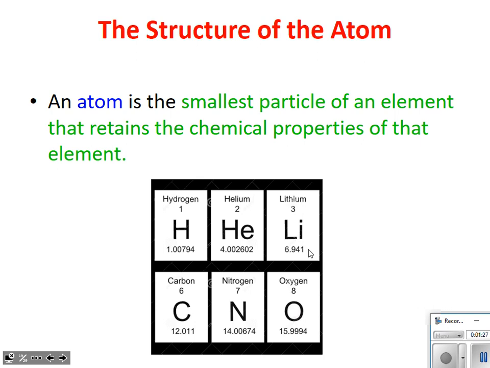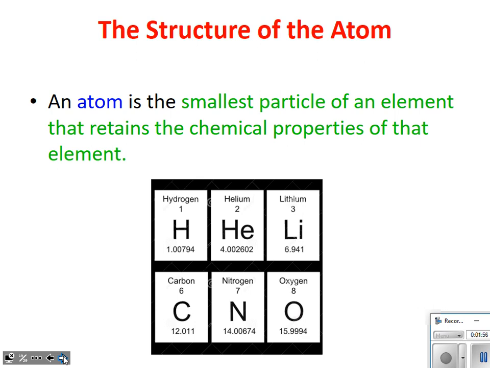Now, if you look at your periodic table, it has a lot more information than just those four things. But we're going to discuss these four things today. So, our objective today is to understand those four things listed on this simplified periodic table.